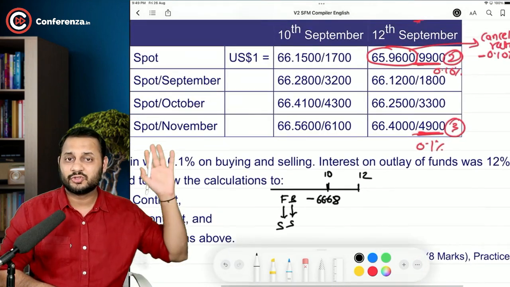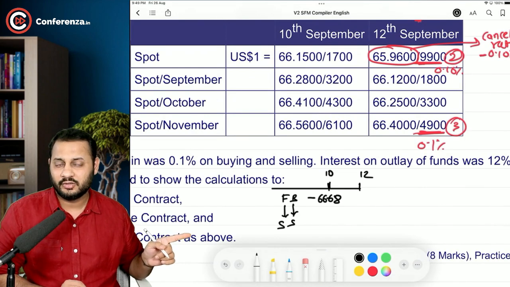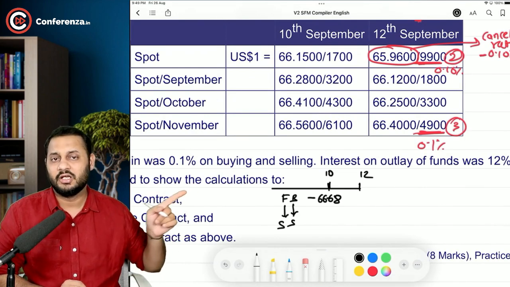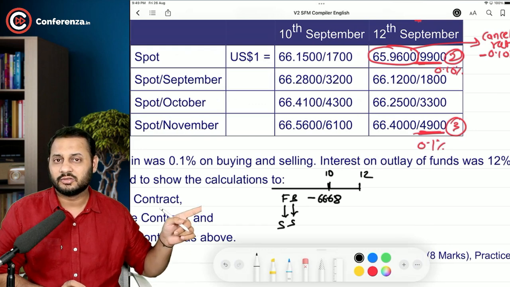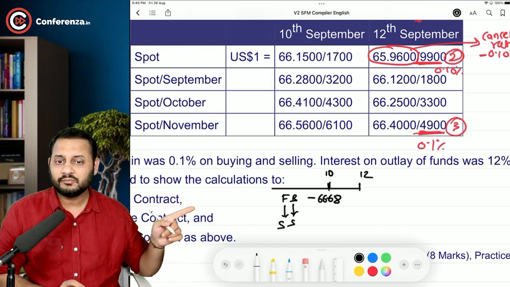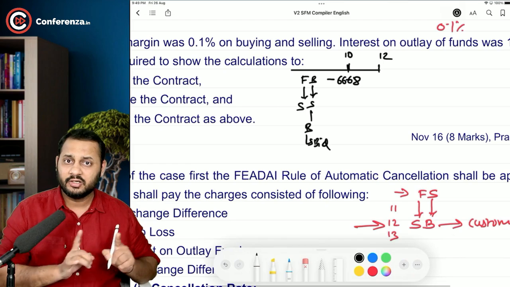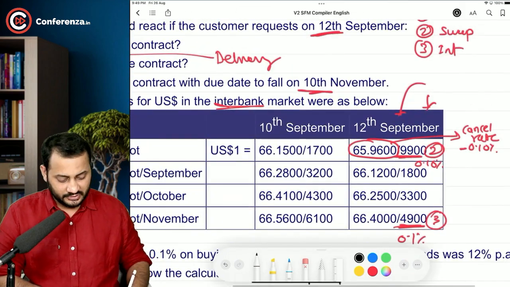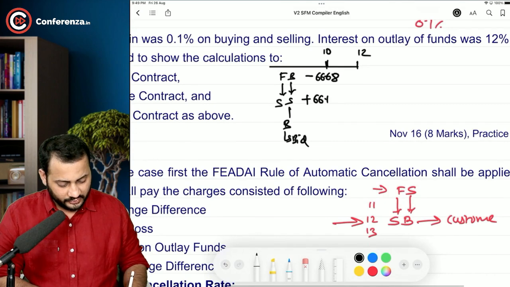That means these rates have to be taken from the angle of the other bank. We want to sell spot on 10th of September, just to cover up the cover contract. The other bank will buy. That means bid rate, spot bid rate 66.15, and this is what we are going to receive.